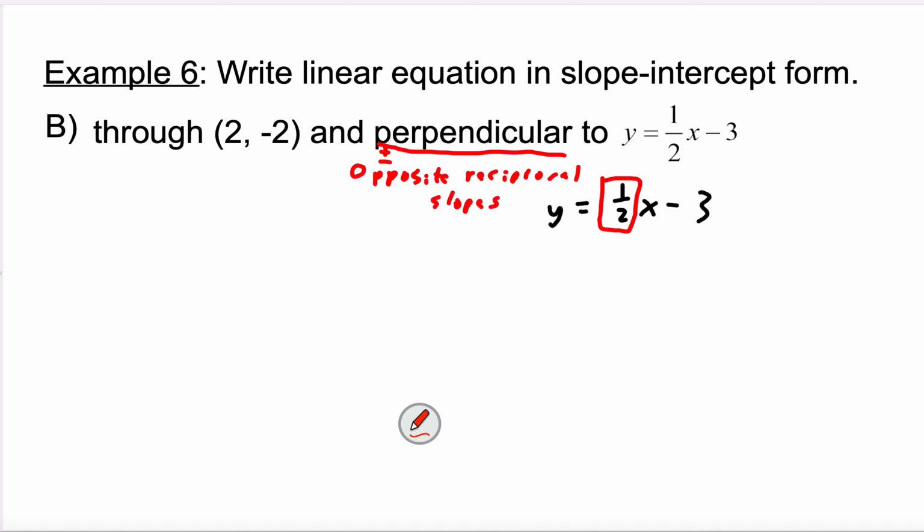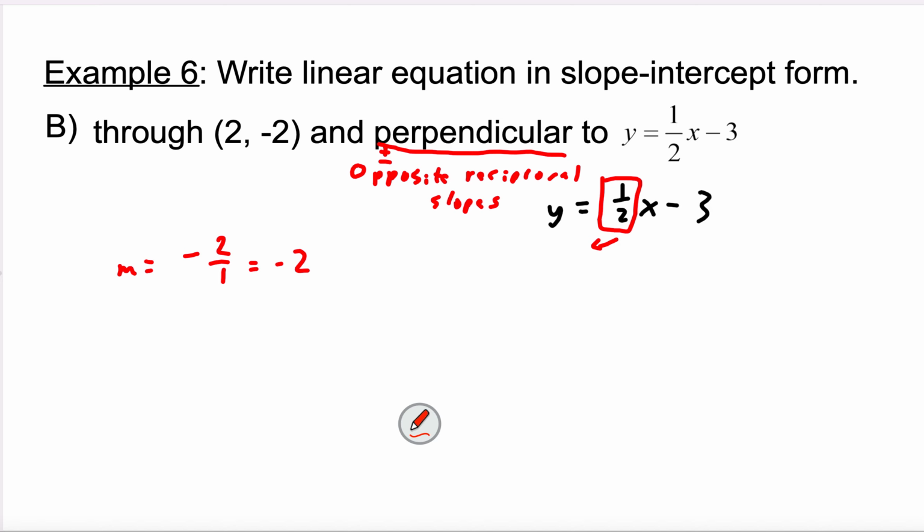So if one's positive, the other one's negative. Since this one is a positive 1/2, ours has to be negative. What does reciprocal mean? It means you're going to flip it. So it's 1/2, so it's going to become 2/1. So our slope there is simply -2.